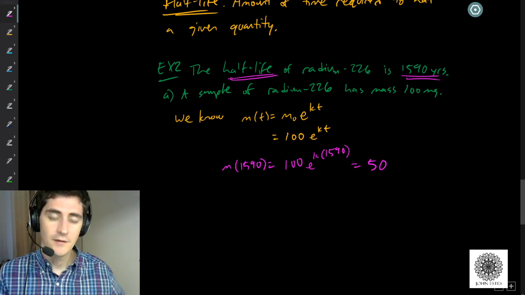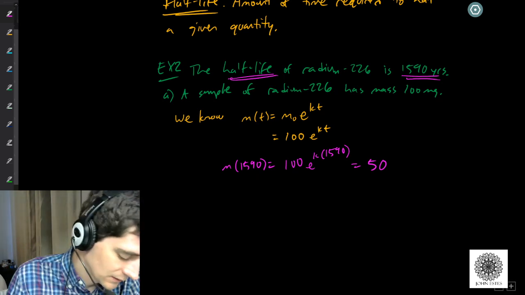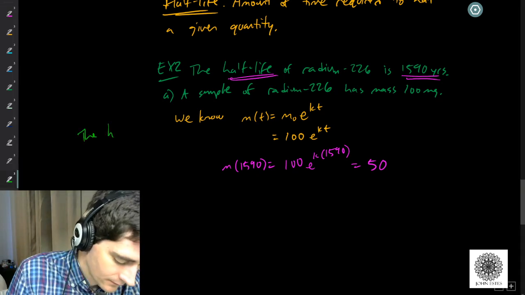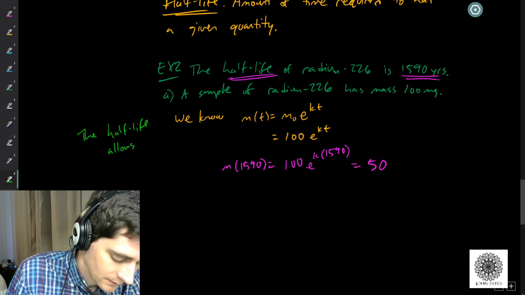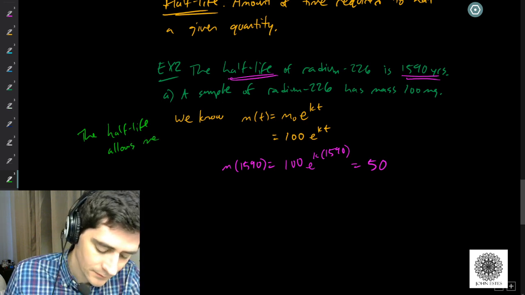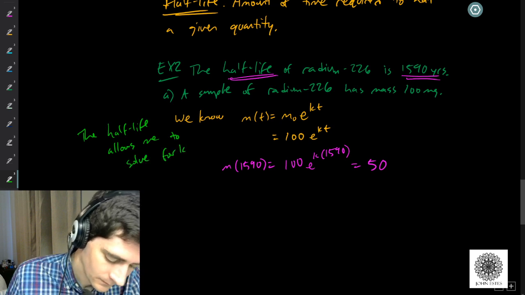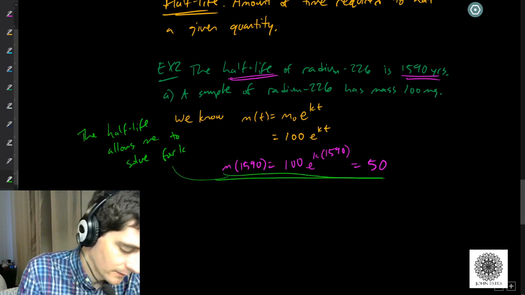Now that I have that piece of information, I can figure out what k is. Let me make a note here: the half-life allows me to solve for k. And that's what this is about.